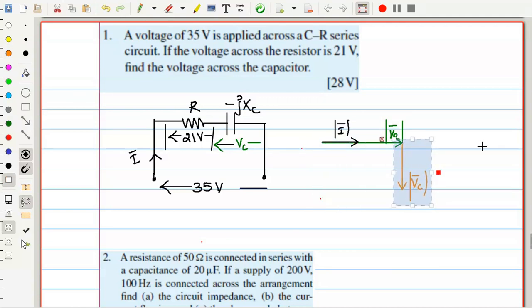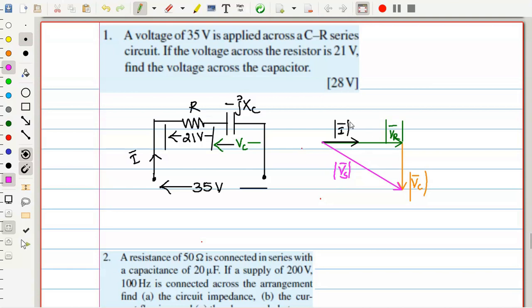Both are equivalent. Now, the phasor sum of VR and VC is the total, resultant voltage. So that is the source voltage. How much is that? Here Vs magnitude is given to you.